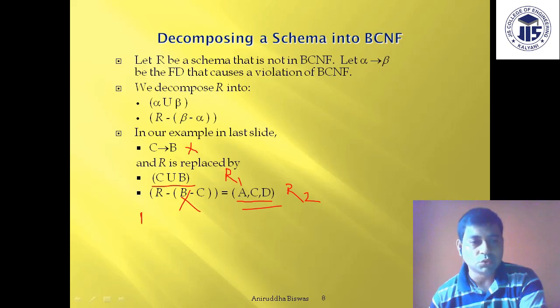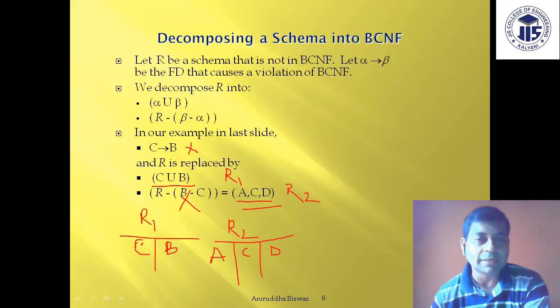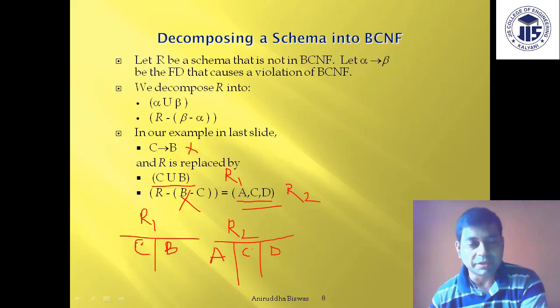So the two relations R1 and R2: here R1 comprises two attributes, C and B, and R2 is another decomposed relation, which contains three attributes, and they are A, C and D. So this is as simple as this, and these two relations do not contain any non-key attribute to be a determinant.